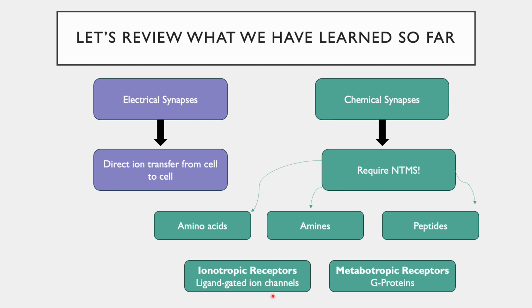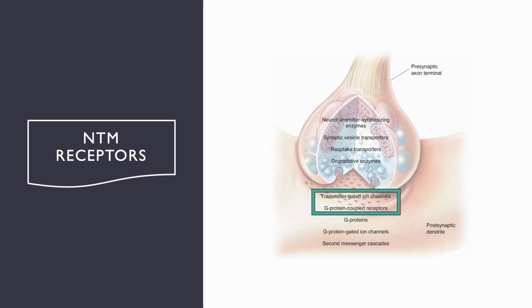And the second key type of neurotransmitter receptor we're going to be talking about are G protein coupled receptors. These are also known as metabotropic receptors because they can actually have an effect on the cell's metabolism. And just a reminder, these neurotransmitter receptors are typically sitting right here at the postsynaptic cell membrane.